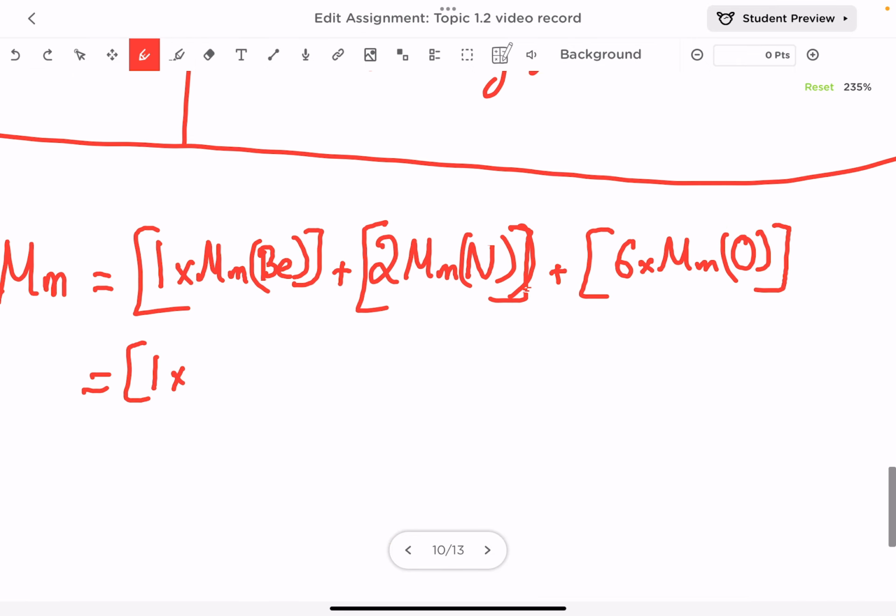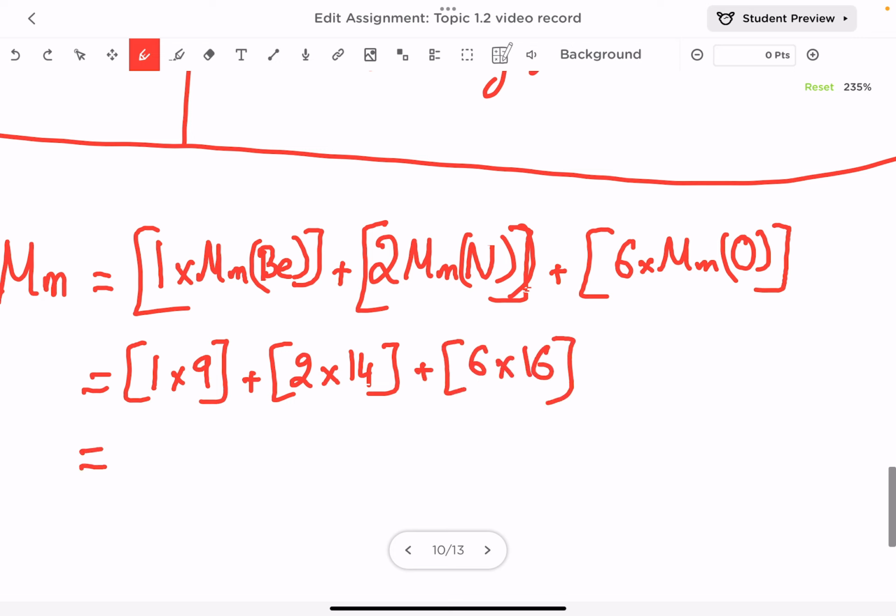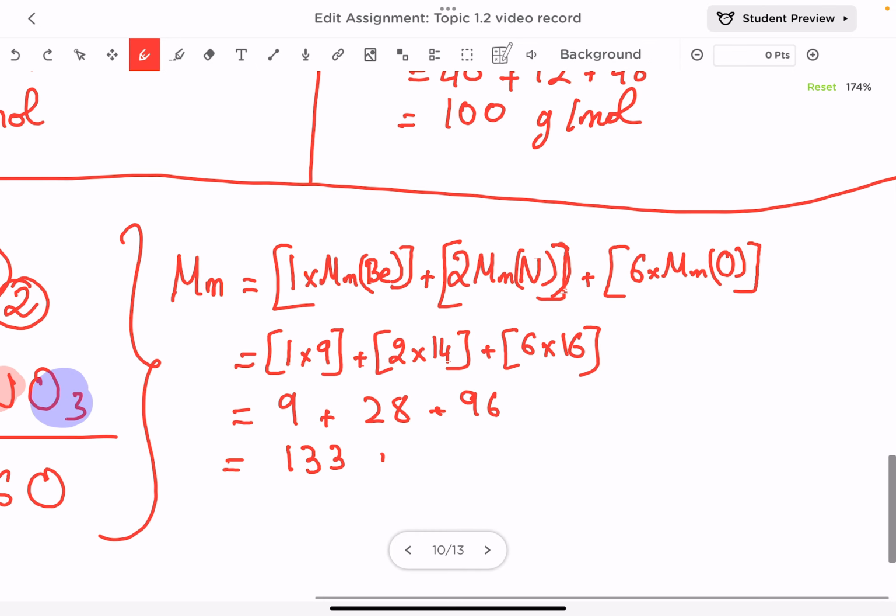So it is 1 multiplied by 9, 2 multiplied by 14, and 6 multiplied by 16. That's 9, that's 28, and 6 times 16, that's 96. Therefore, the final answer is 133, and never forget the unit, gram per mole.